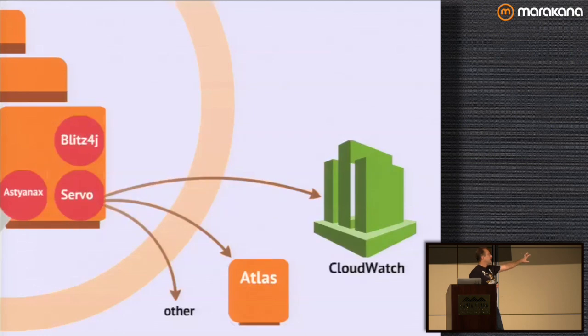Internally, Netflix has a monitoring system called Atlas, which they will probably open source at some point. Hopefully, it's a big project, and I'm not sure that will come out right away. But it's pretty easy to take that, and maybe you want to write an accumulator and a pusher that will push to Nagios or any of the other popular monitoring systems or alerting systems. So that's a nice way to get that data out of your Java application.